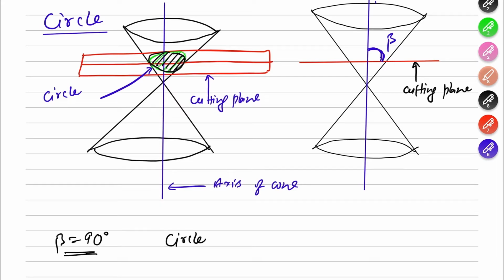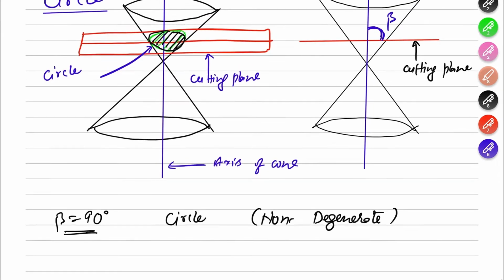The conic section, that is the section between a cone and a plane, is a circle. Obviously this is a non-degenerate case. Why non-degenerate? Because the cutting plane does not pass through the vertex of the cone.